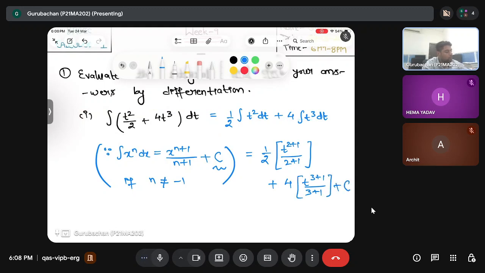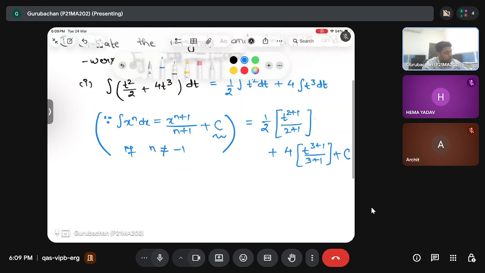One way is to write C1 here and C2 there and add them, and the other way is to directly put one big arbitrary constant after the integral. From here, if you solve, you will get t cube divided by 6 plus t to the power 4 plus some constant.